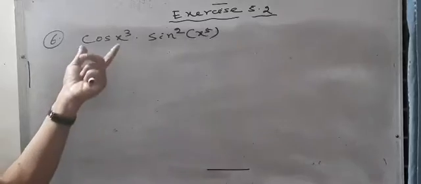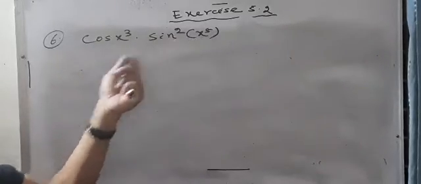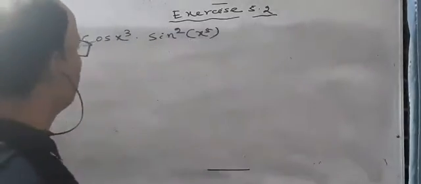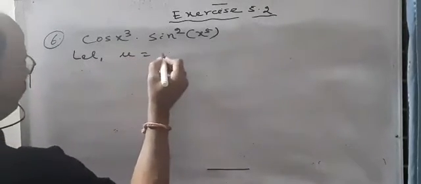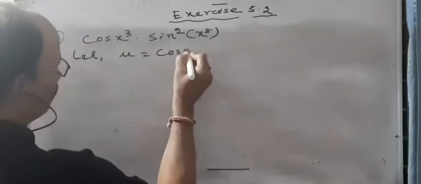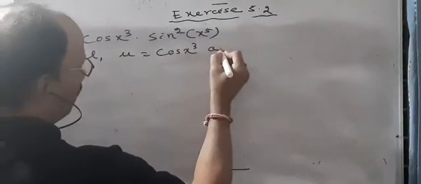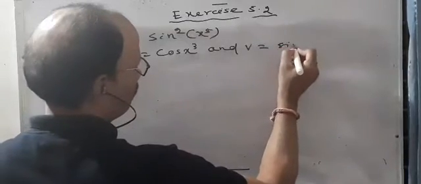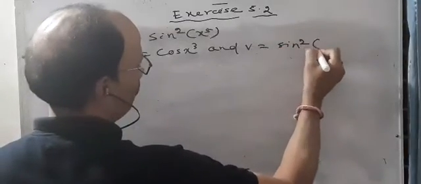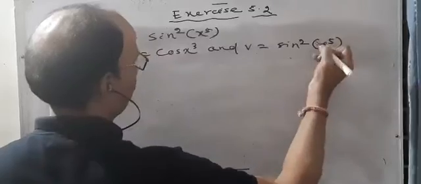Okay, so here also two functions, u dot v, u multiply v. So let u be equal to cos x cube and v equal to sine square x to the power 5.